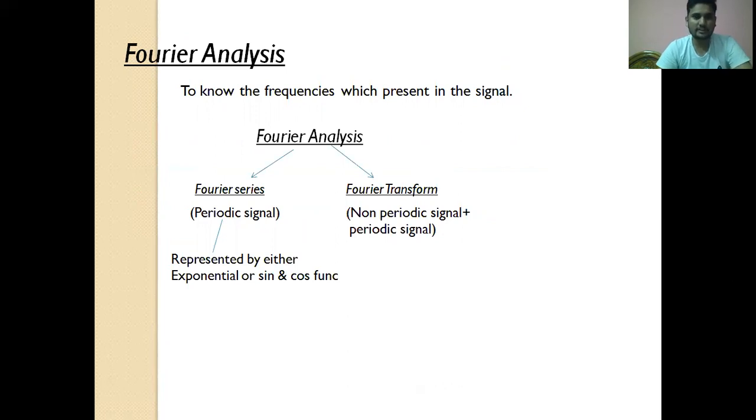The Fourier series is represented by either exponential, sine or cosine functions. We will discuss the mathematical definition in the next slide. So the Fourier analysis is subdivided into two categories, Fourier series and Fourier transform.